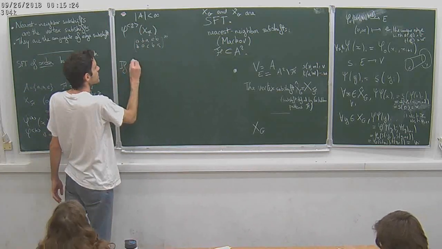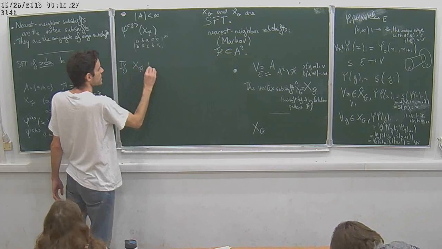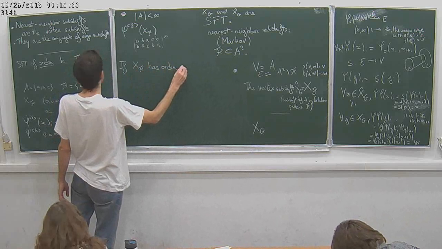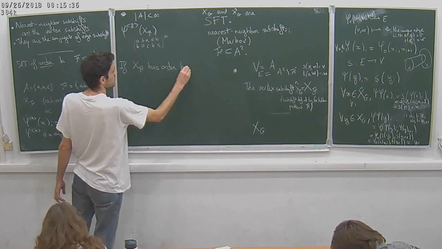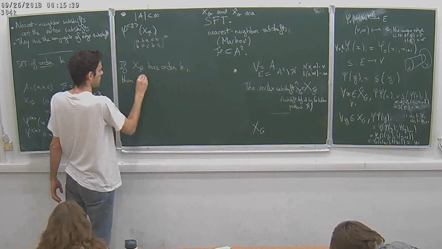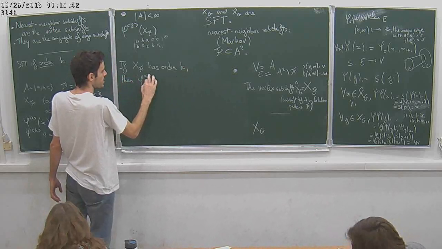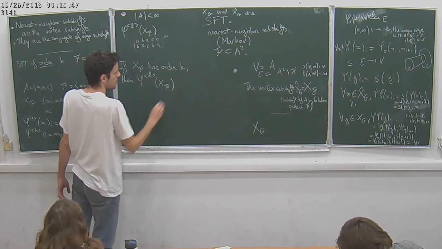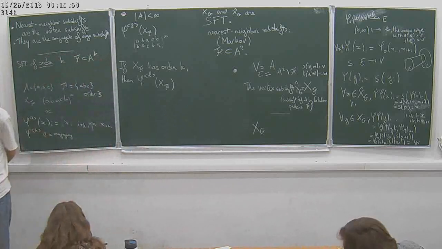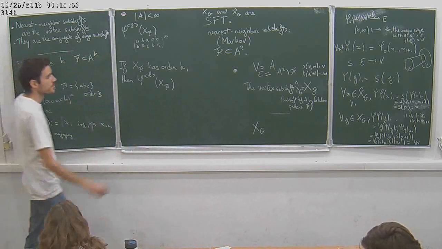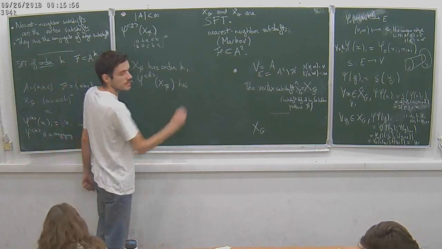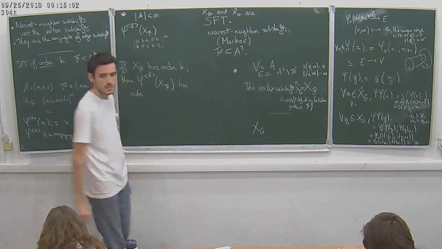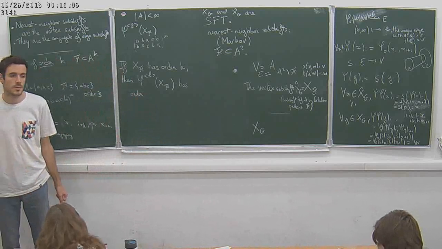If S has order K, if you want, then let's take something else, the L grouping of S has order... We are reducing the order.